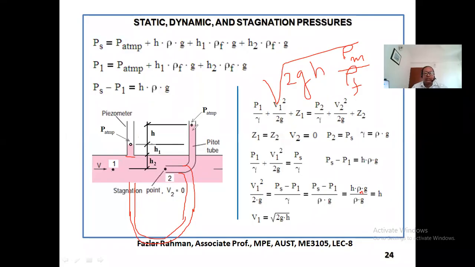Because the fluid in the P2 tube, if I attach a manometer, has the same fluid, water coming. This rho is the density of the fluid passing through the pipeline, so this will be rho F. So in our case, rho manometer means the manometer has mercury inside, rho of mercury. And rho fluid means density of air.